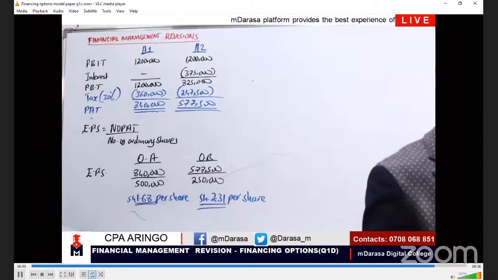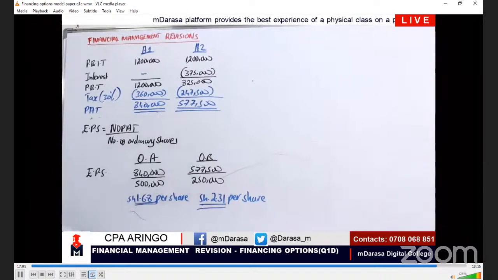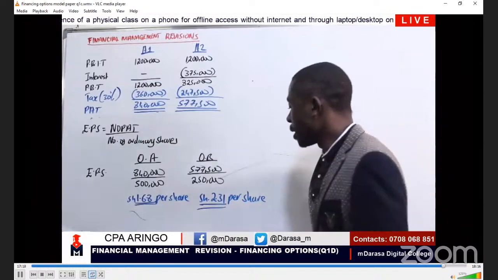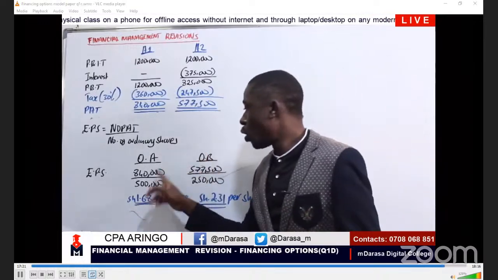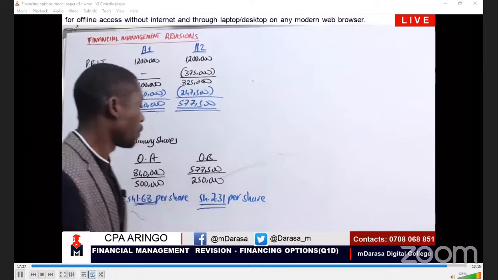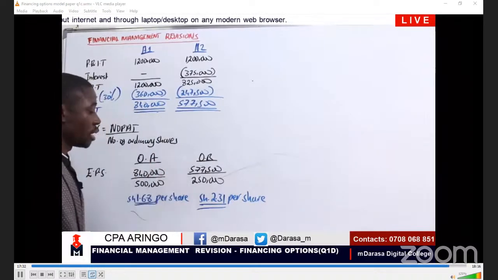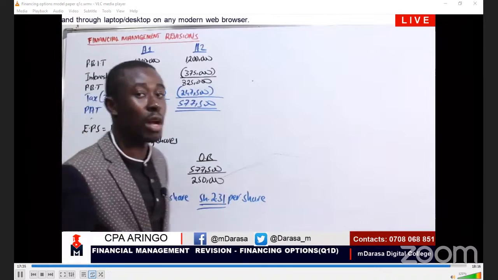We can recommend this firm to go with financing option 2, or B, since it will have the most favorable impact on earnings per share, because investors will be earning 2.31 per share compared to option A, or option 1, where investors will be earning 1.68 per share. So we can agree that this company should go with option 2, or B, where the investors will earn 2.31 per share.